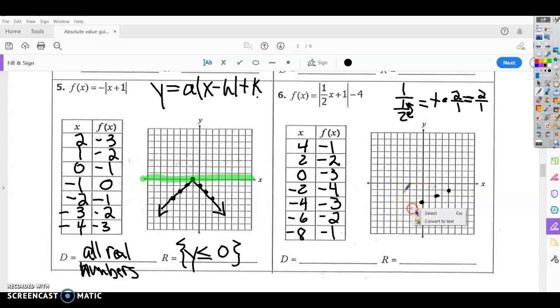Down 4. And then -4, -3. 1, 2, 3, 4. 1, 2, 3. And then -6. And then -8. 1, 2, 3, 4, 5, 6, 7, 8. Down 1.